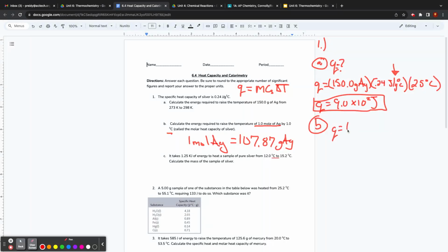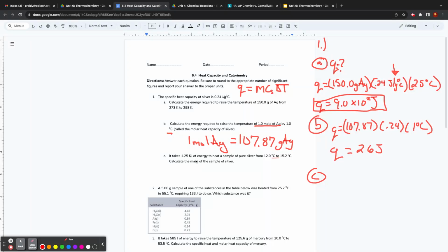So we've got 107.87 times our specific heat, 0.24 joules per gram degree Celsius, times 1 degree. Plug this into my calculator, and I get 26 joules of energy is required to change the temperature of silver by 1 degree. Let's move into part C.